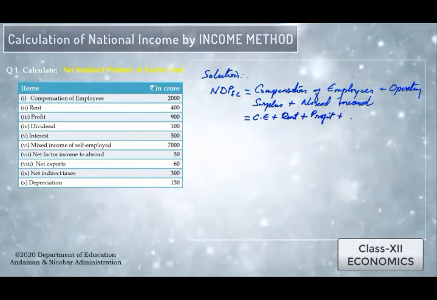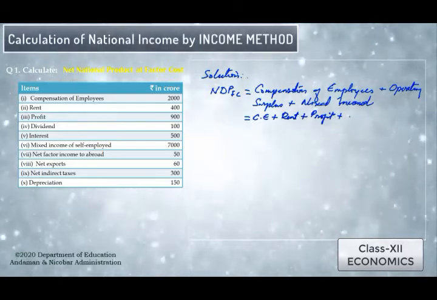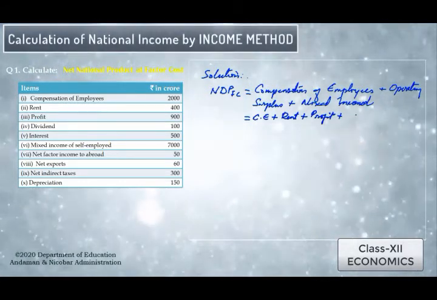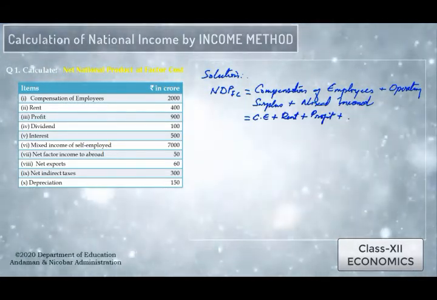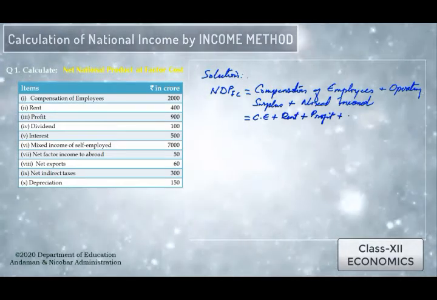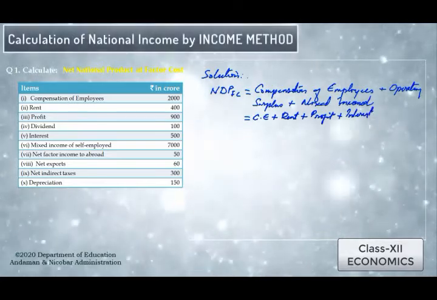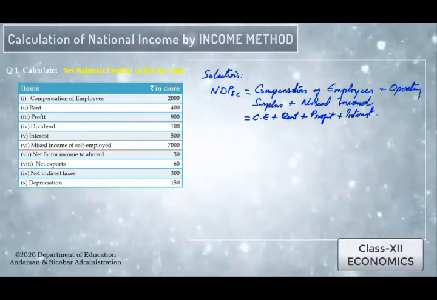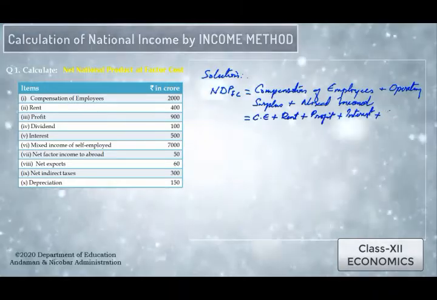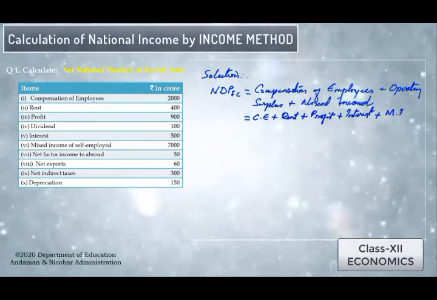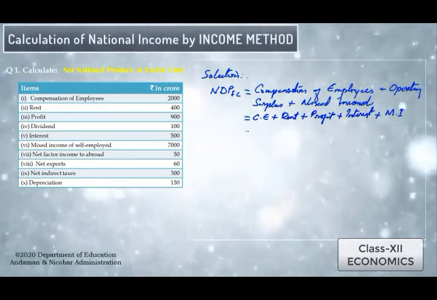Even the value of dividend is given in this question, but we will ignore the value of dividend because dividend is included in the profit value. Apart from that we have the value of interest, which is considered part of operating surplus, and along with this we have the mixed income. Now we will write the values here.